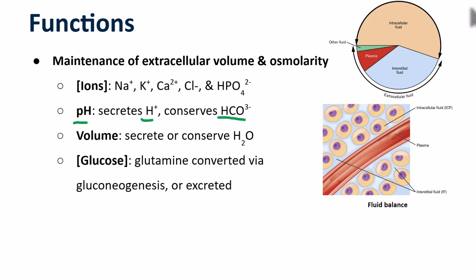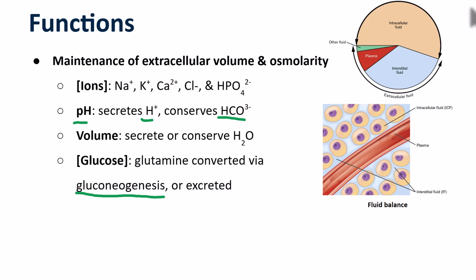And then finally, they are a source, albeit a minor source, generally during times of exacerbated fasting, for the maintenance of concentrations of blood glucose. So we usually think of your liver as the predominant, sometimes even the primary organ for gluconeogenesis, or the production of glucose from precursor molecules.